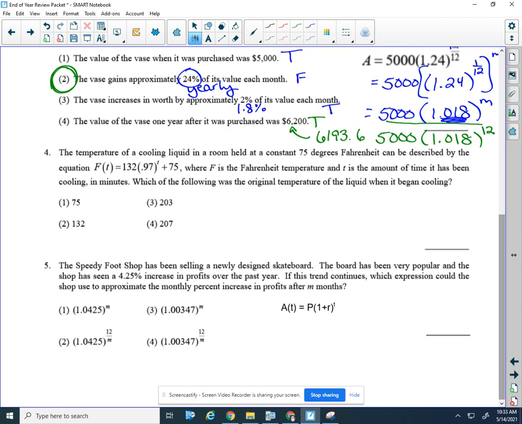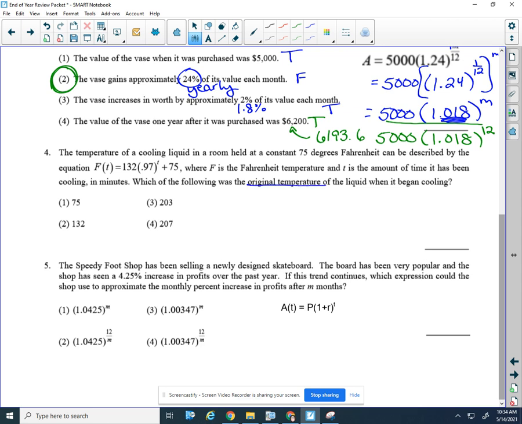Number 4, the temperature of a cooling liquid in a room held at a constant 75 degrees Fahrenheit can be described by that crazy equation. F is the Fahrenheit temperature and T is the amount of time it has been cooling in minutes. Which of the following was the original temperature of the liquid when it began cooling?